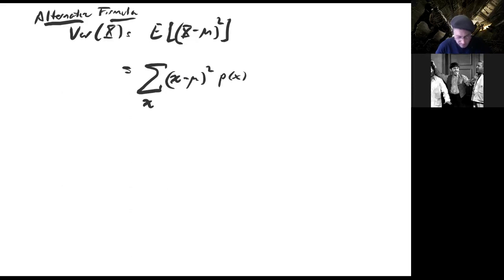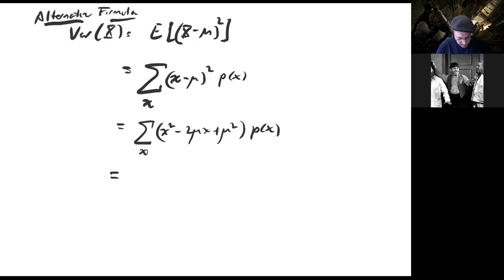That's the definition of the expectation of a function of a random variable. Now, inside the parentheses, we can square things. We get x squared minus 2 mu x plus mu squared times p of x. Here, p of x is the PMF, the probability mass function of our random variable.